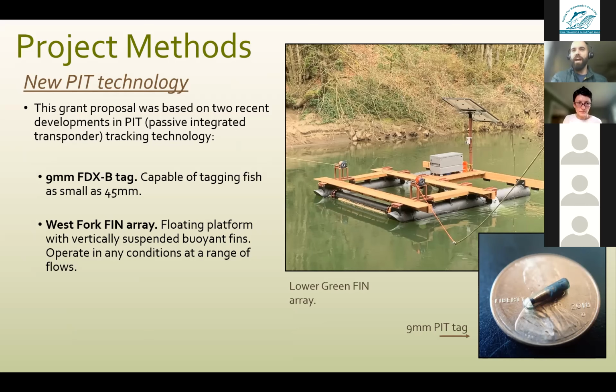So great for the out-migrating parr and smolts, where it's really commonly used. But if we're curious about those really small guys, less than 60 that we know are not surviving, we needed something smaller. And in the last 5-6 years, these have become available for us. These are capable of tagging fish as small as 45 millimeters, which is really small for these juvenile Chinook.